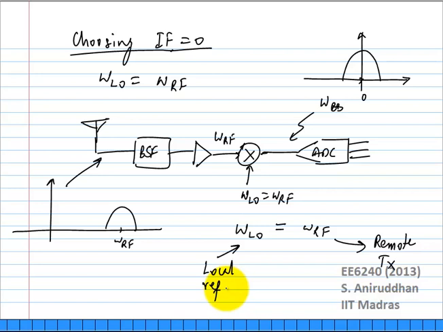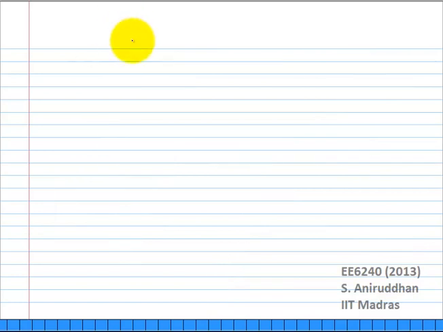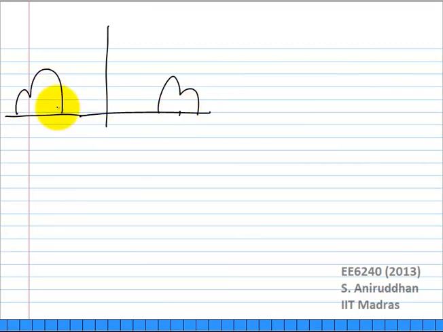Okay, if the signal is not symmetric about RF, what happens? Correct. So one problem is, so far we have been looking at symmetric signals, but suppose my signal looks like this. Okay?